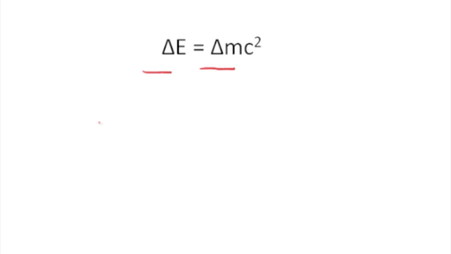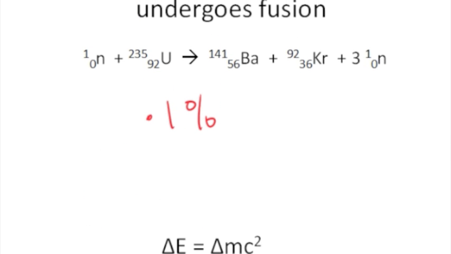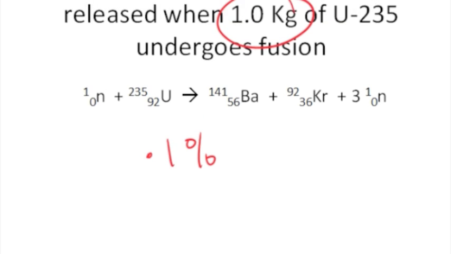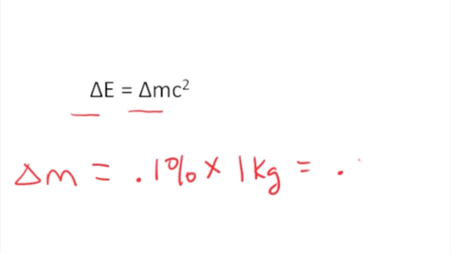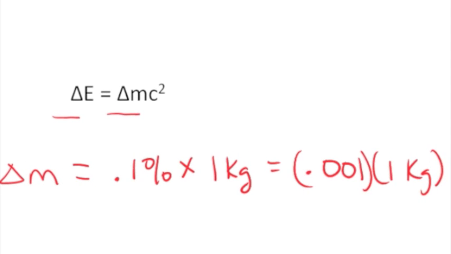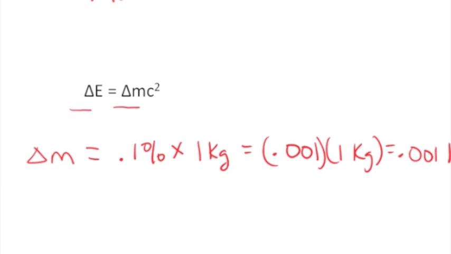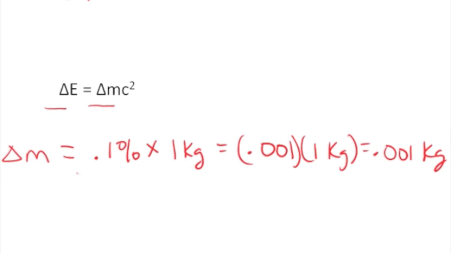In this case, if we had 1 kilogram of uranium-235, the change in mass is going to equal 0.1% times the initial amount, which is 1 kilogram. And 0.1%, as you know, is the same as 0.001 times 1 kilogram, which is 0.001 kilograms. So our delta M there is 0.001 kilograms, and it's negative because the final is less than the initial.